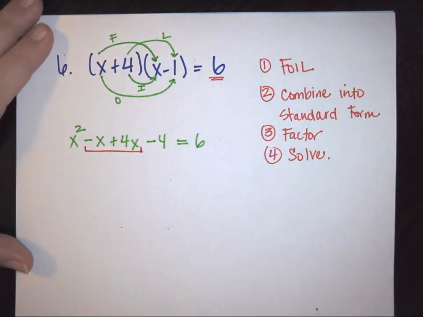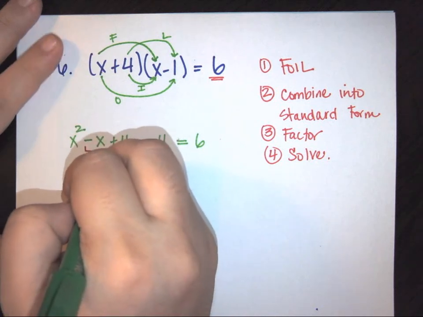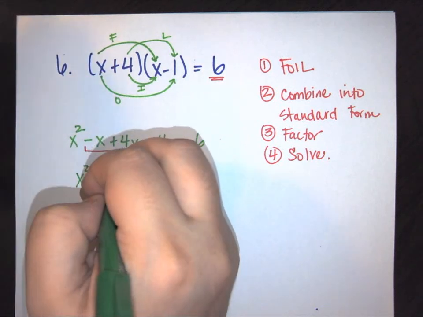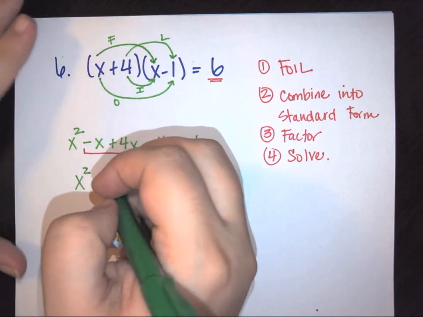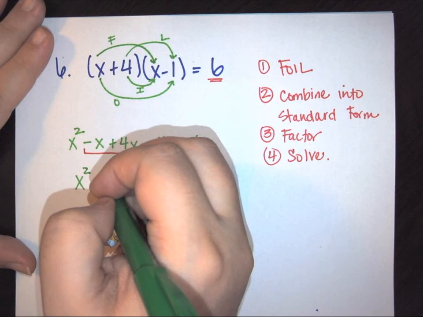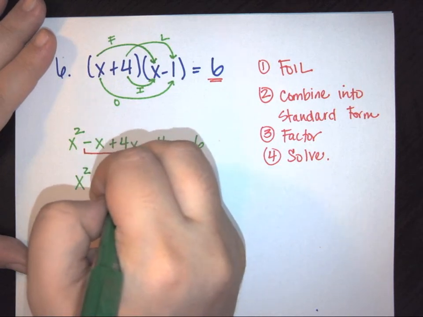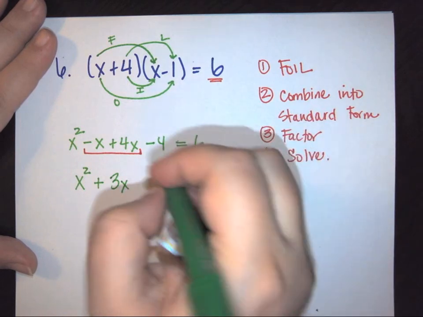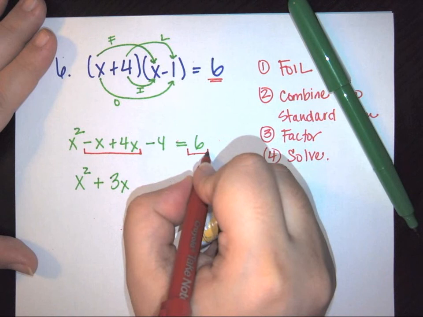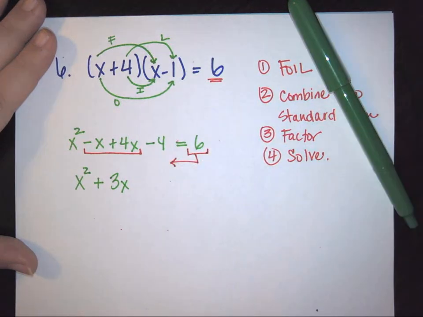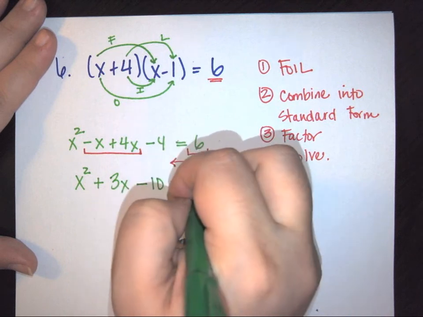And so what I'm going to end up with is that x squared plus a 3x, and then the other thing I have to do here is I have to take this 6 and I need to move it over. So then this becomes minus 10 is equal to 0.